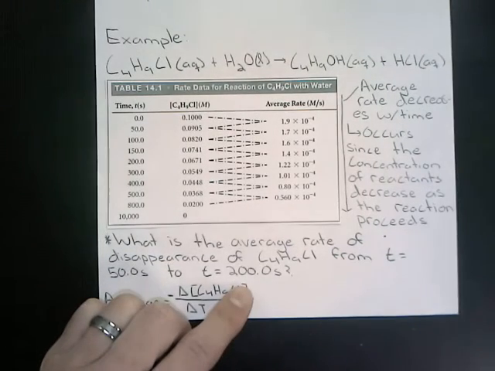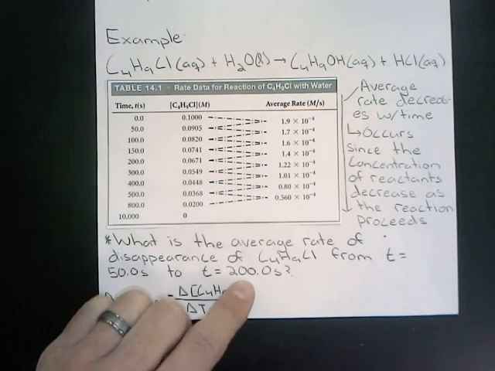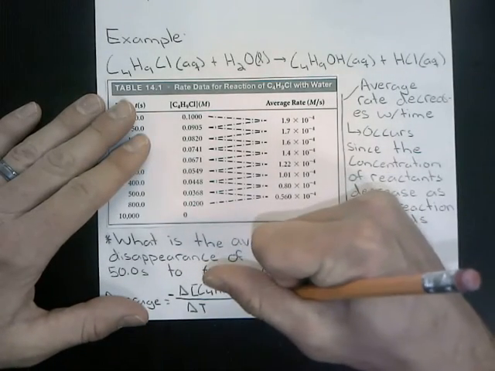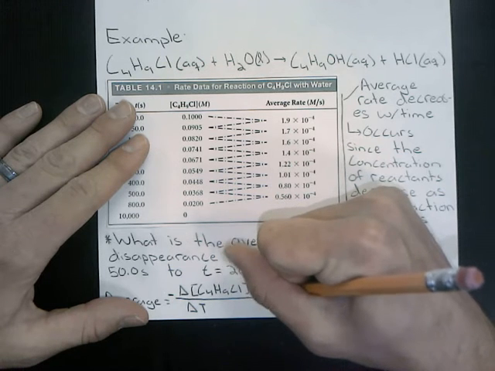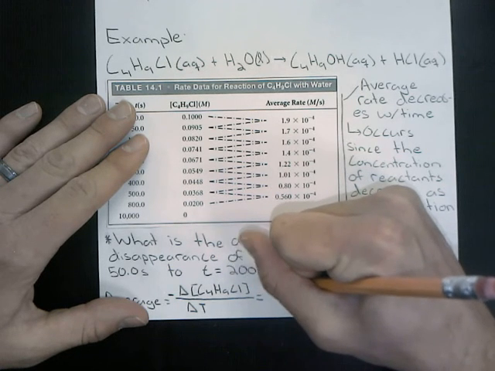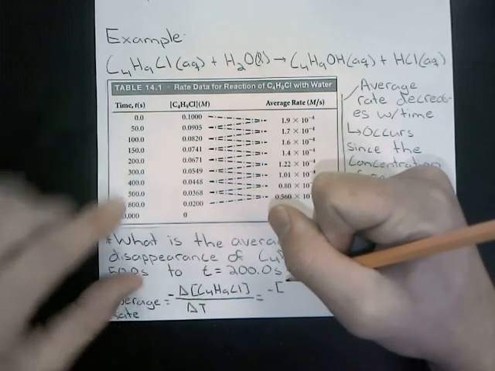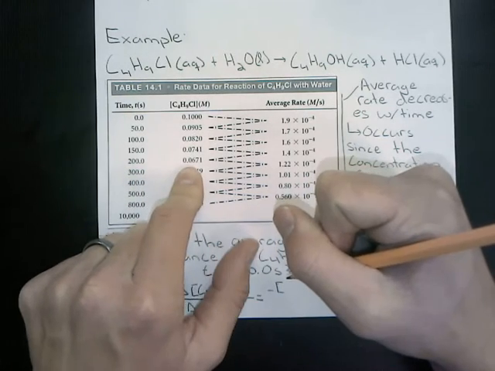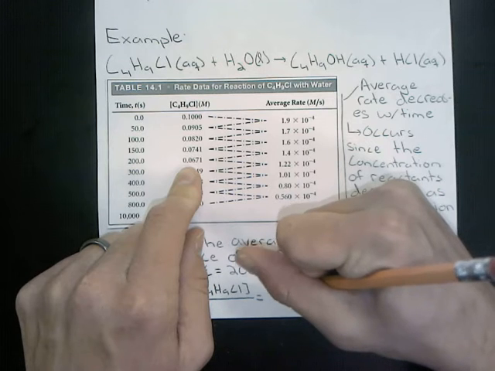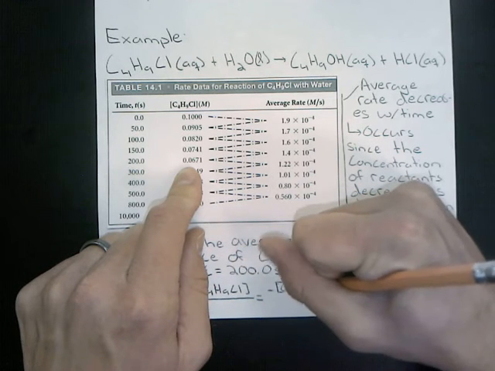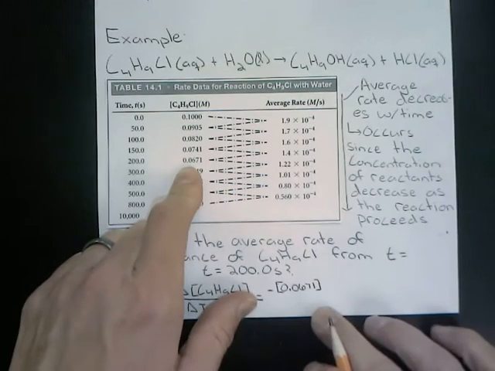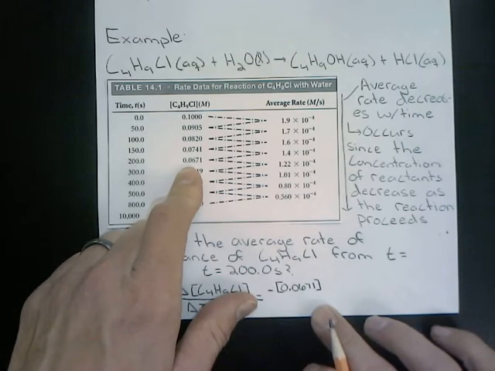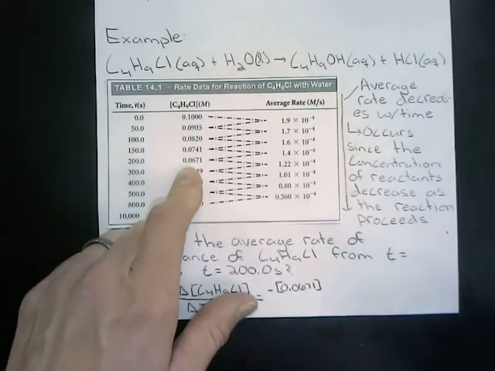So we're going to start with the concentration at 200 seconds. Again, negative, the concentration at 200 seconds for our chlorobutane is 0.0671 molar. Because we put it in brackets, we do not have to worry about putting M for molarity as a unit. The brackets represent molarity.